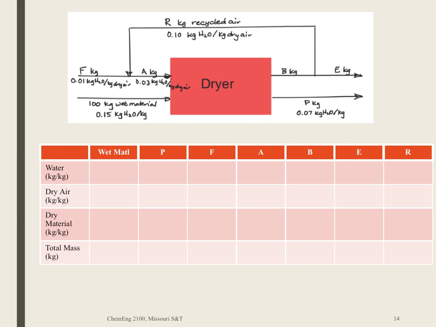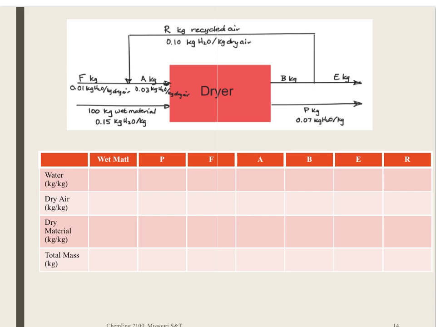I have water, dry air, and dry material, and I've set these up so that they would be in mass fractions, and I have a total mass of kilograms in each of these. And based on this information, I have the total mass in the wet material is 100 kilograms.